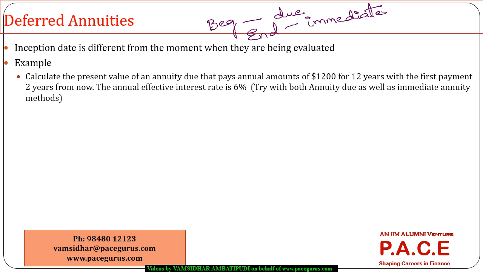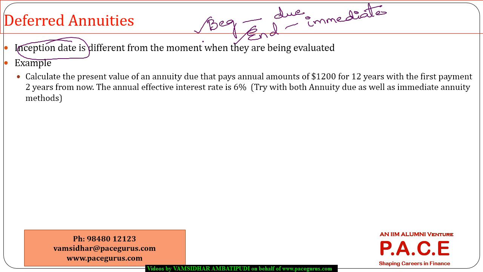But in some cases, the starting date of the annuity is neither at the beginning nor at the end of the current period. The starting date is at a future date, sometime later than the end of the current period, probably a couple of periods later.